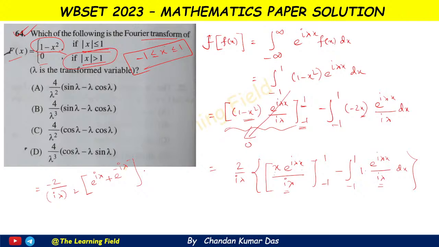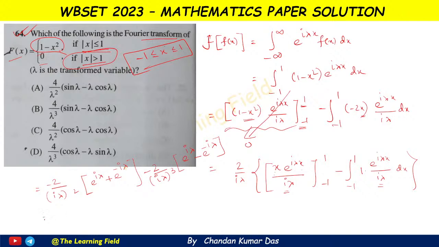Okay, so this part gives, and this part gives, I think, plus 2 by, minus, we get minus 2 by iota lambda whole cube into e to the power iota lambda we take already, so we get, I think, from this exponential iota lambda minus exponential minus iota lambda, this part.